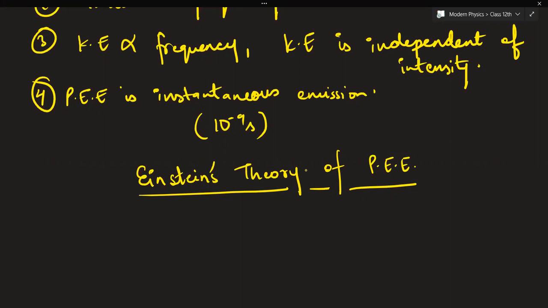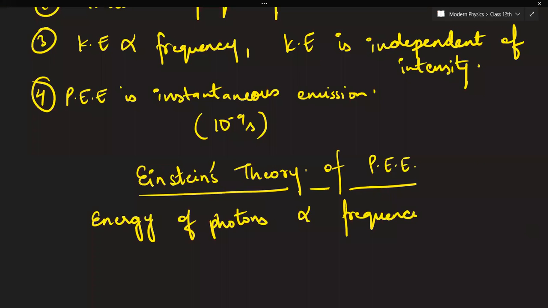Now, class, first thing, as I have discussed with you, as the photoelectrons increase, the intensity will also increase and the frequency will also increase. So the energy of photons, or the light rays, is directly proportional to the frequency.